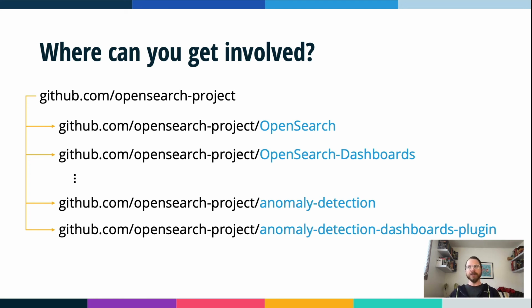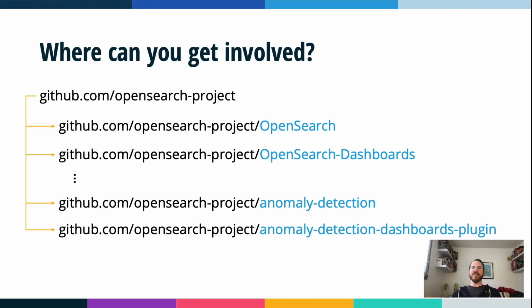We have our organization called the OpenSearch Project, with the two main repos for OpenSearch and OpenSearch Dashboards. But if you're involved in features housed in plugins, you'll want to look more specifically. In this case, we have anomaly detection and the anomaly detection dashboards plugin.